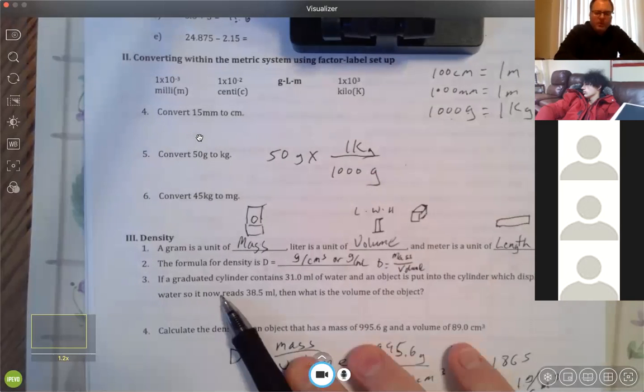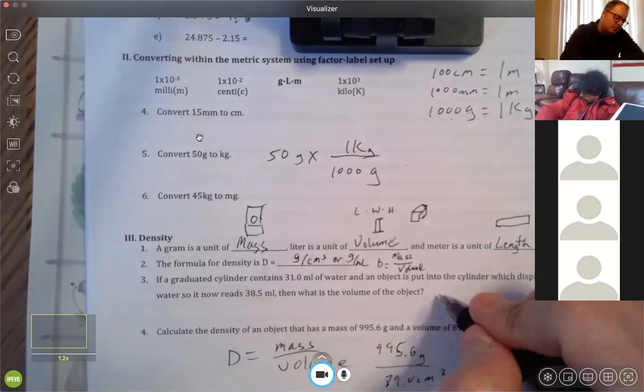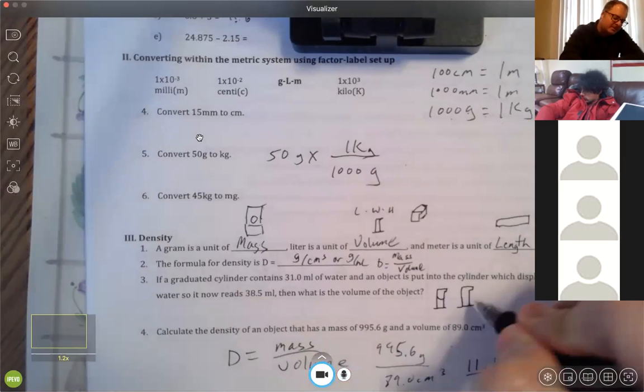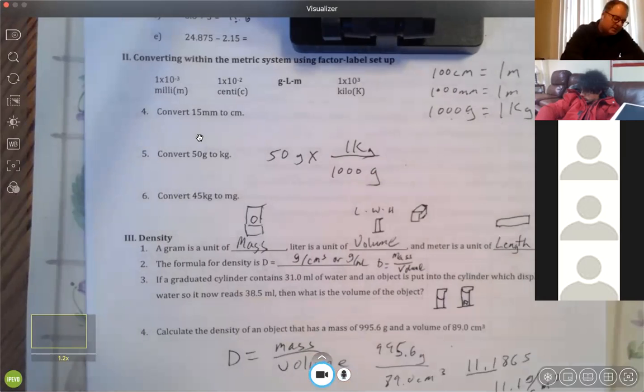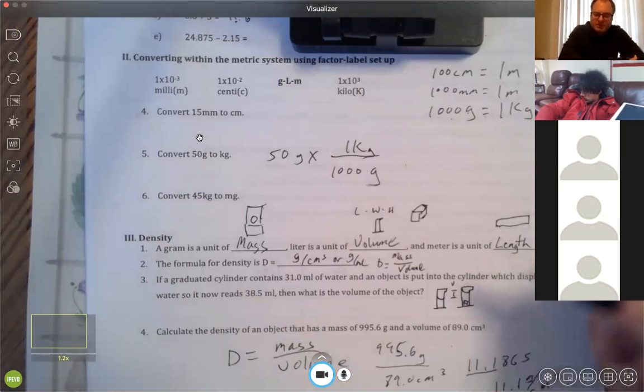So if we wanted the density of a solid object that we cannot measure the length, width, and height of and get that through some type of formula, we can drop that into water. If we have a water level of that, normal, and then we drop an object in there and we get a water level of that, the distance between that and that is the volume of that object.